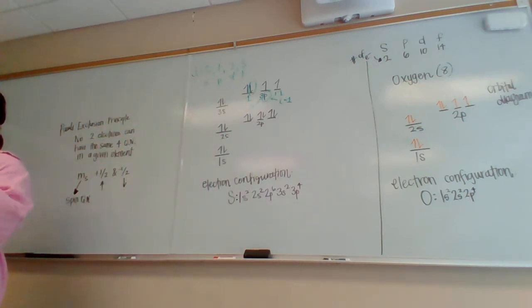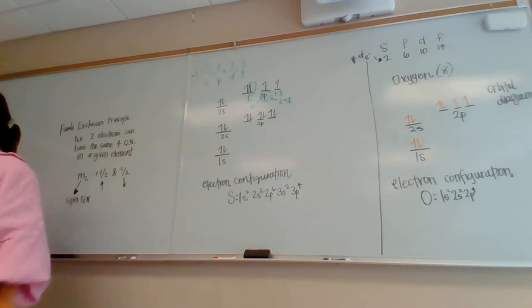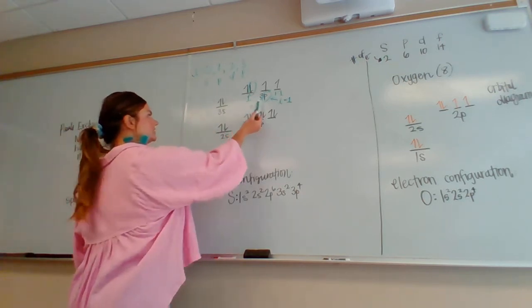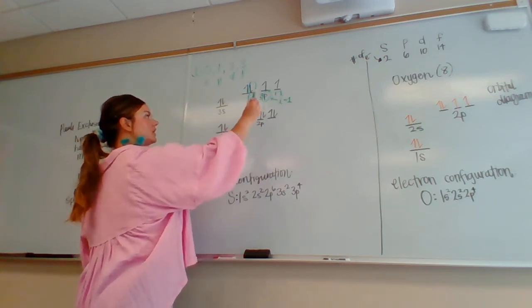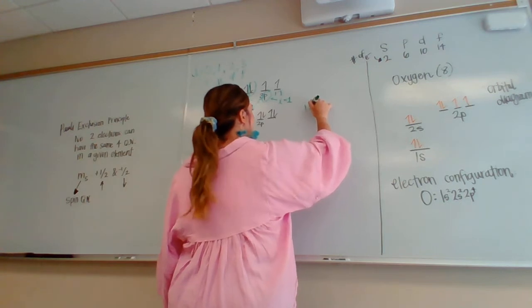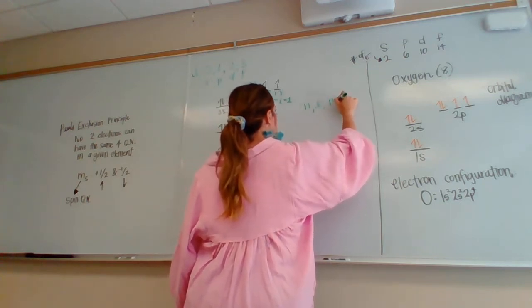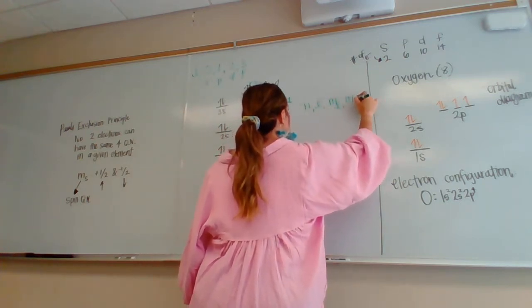M sub L, negative L, it's like a number line. You start at the negative L, you go all the way to positive L. Those 3 numbers correspond to these 3 orbitals. So this is how you'll express your 4 quantum numbers.